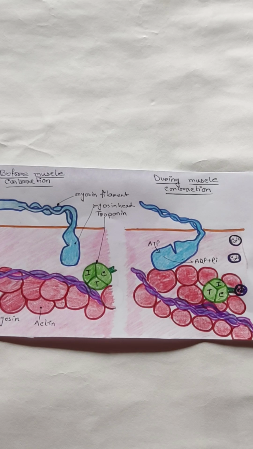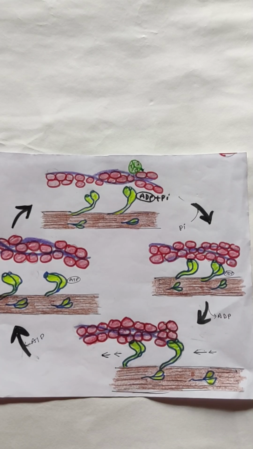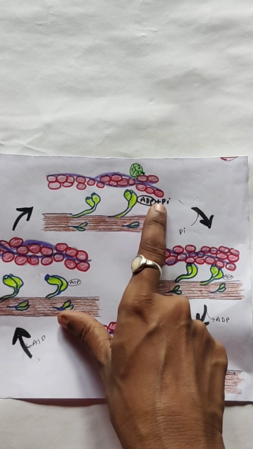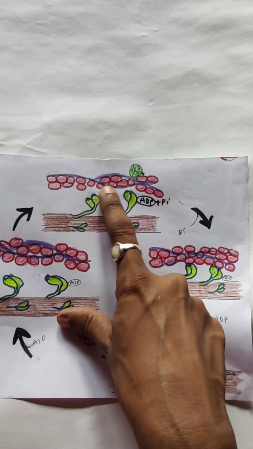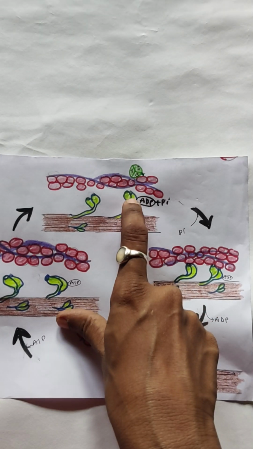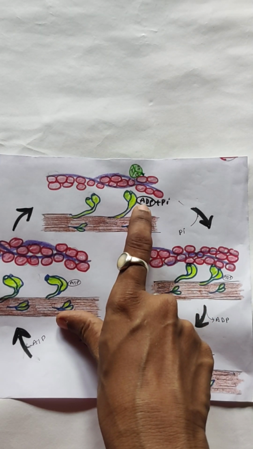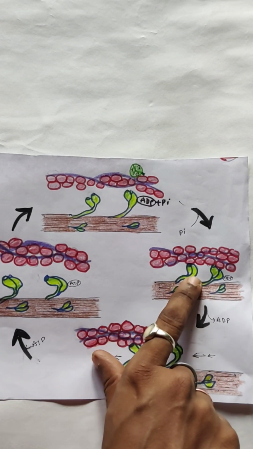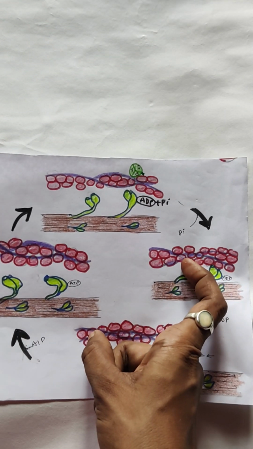Now I am showing you this activity on my next diagram. This is the normal stage, the tropomyosin, the head of the myosin. Now the ATP comes and releases energy. By getting this energy, the head of the myosin gets attached to the binding site.